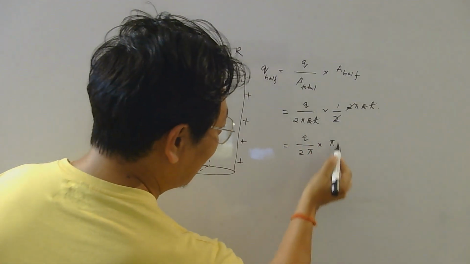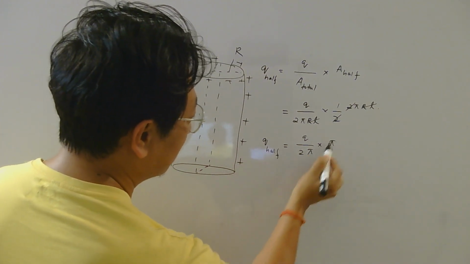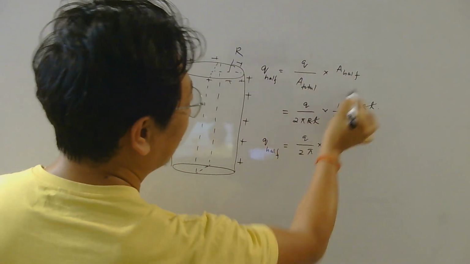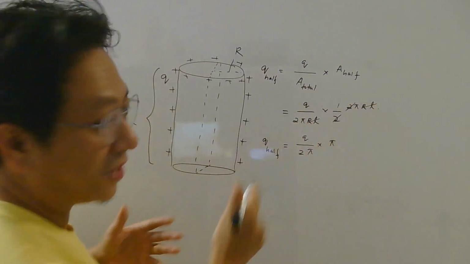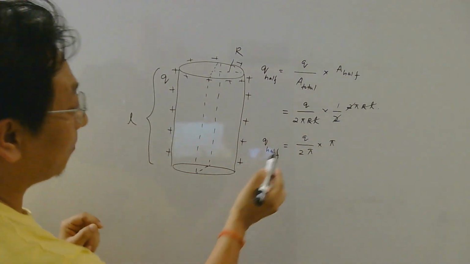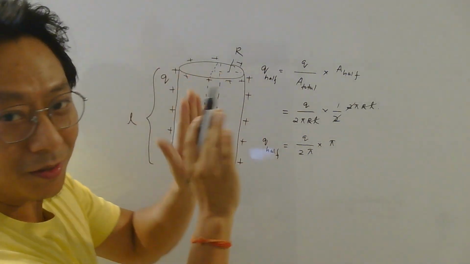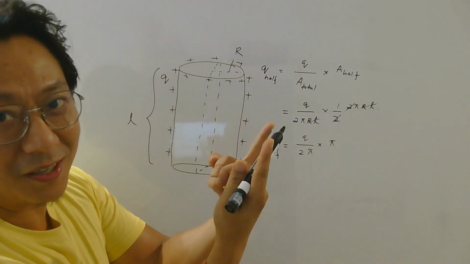Now this is a better way to think of calculating the charge on a part of a cylinder. This formula is a better way to think than this formula, because anyways the length will get cancelled, the radius is getting cancelled. So how to think of this formula? Well, this charge Q, if you see from the top, is distributed in 360 degree.